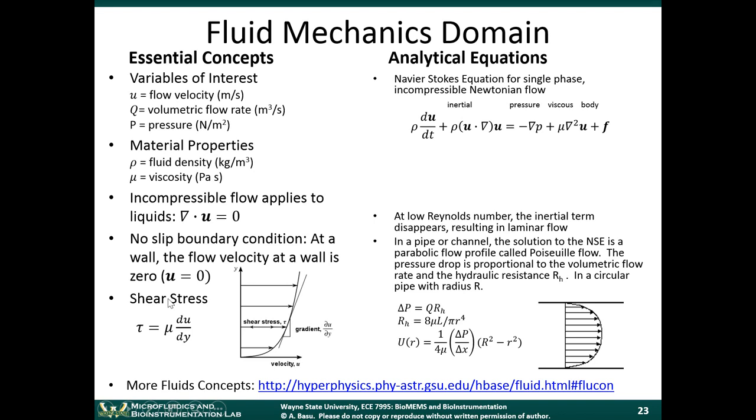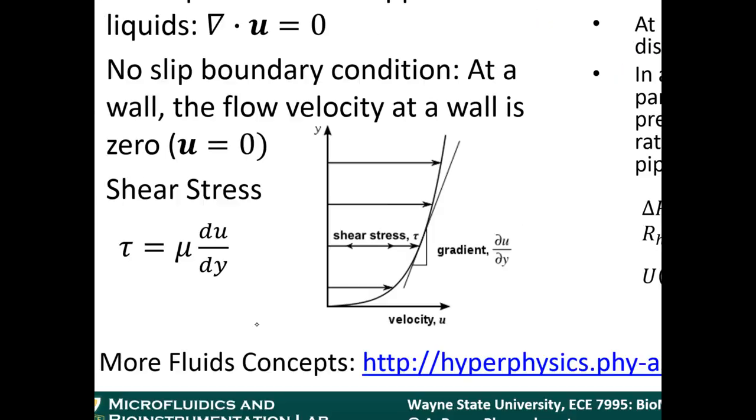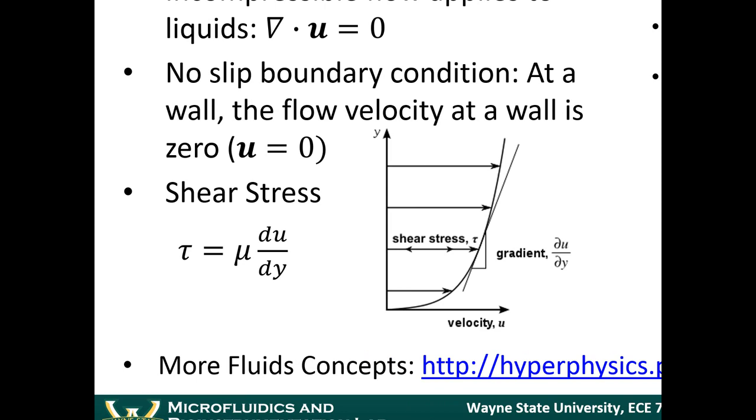Another important concept here is what's called the no-slip boundary condition. Let's zoom in on this here. Let's take a basic situation where we have fluid flow through a microfluidic channel.